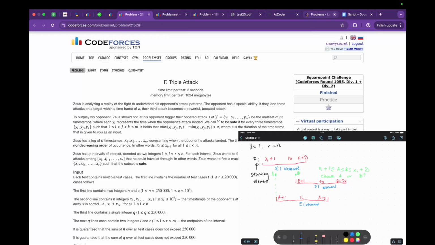By the way, just to be clear, a and b here refer to values, not indices. But basically, we have two types of new restrictions that we care about here. It's either one element between b plus 1 to b plus z, or one element between a plus 1 to a plus z. So which one do we prefer here?